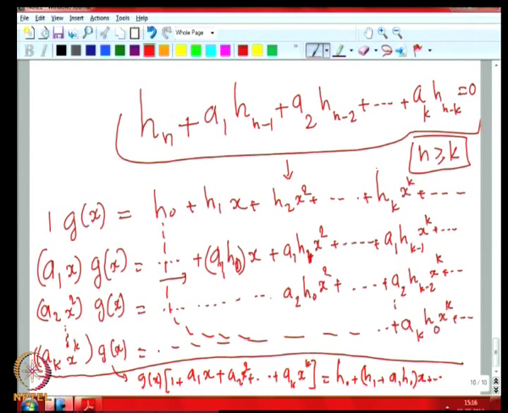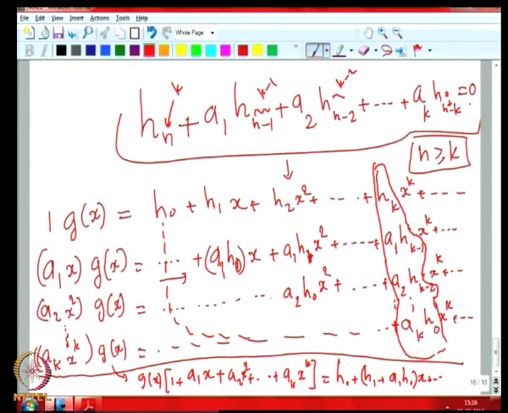Up to here: hk plus a1 times hk minus 1 plus a2 times hk minus 2 plus ak times h0. So, when you put n equal to k here, this will become k, this will become k minus 1, this will become k minus 2 and so on, this will become 0.